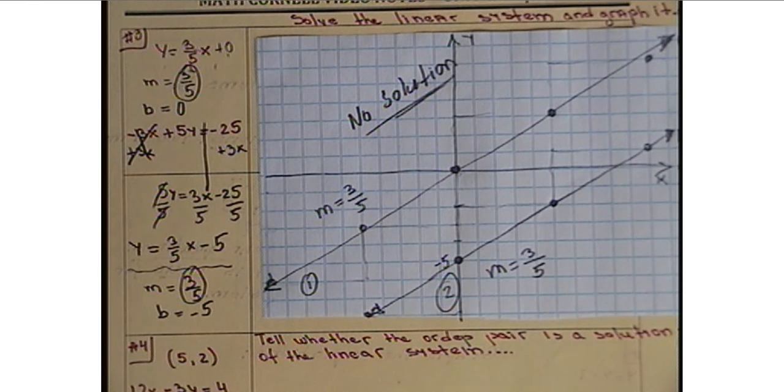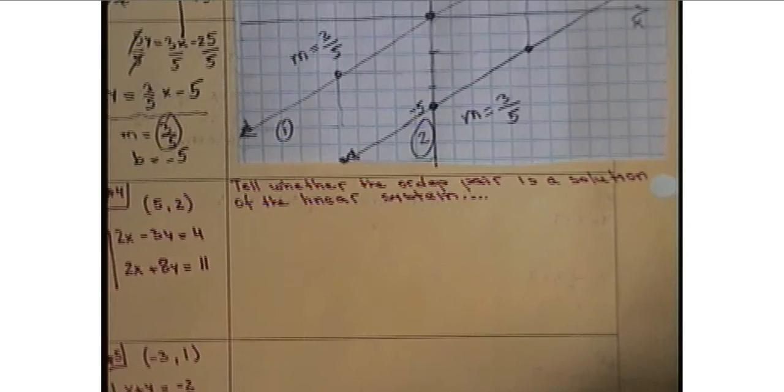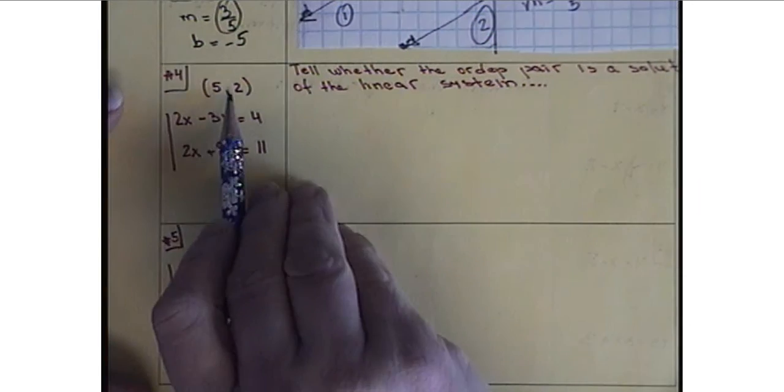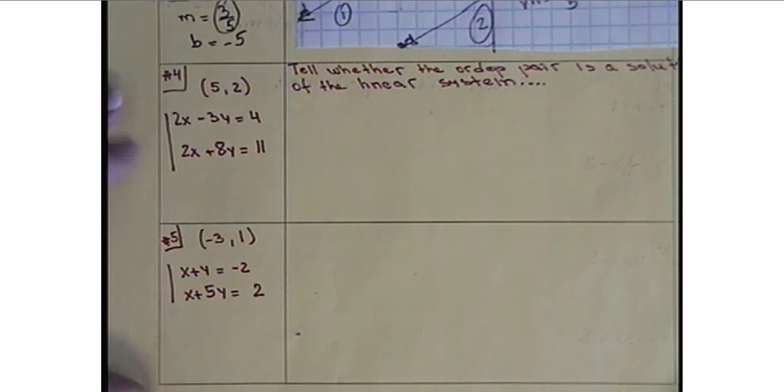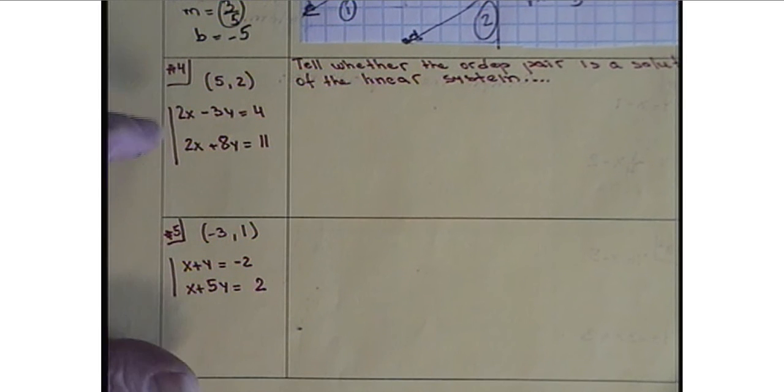All right, so that was the third example I wanted to show you, and numbers 4 and 5 will be just checking and making sure if the point that is given is a solution to the system. So again, not just a solution to one of the equations, but it has to be a solution to both equations from the system.